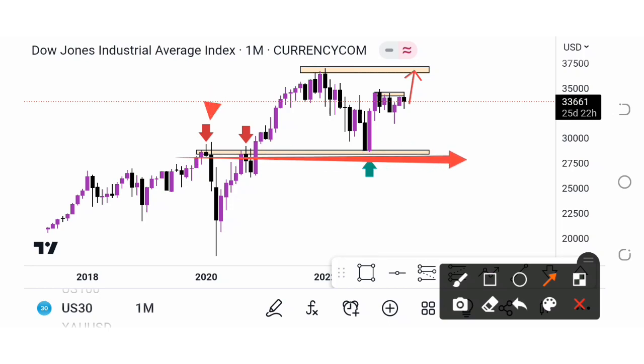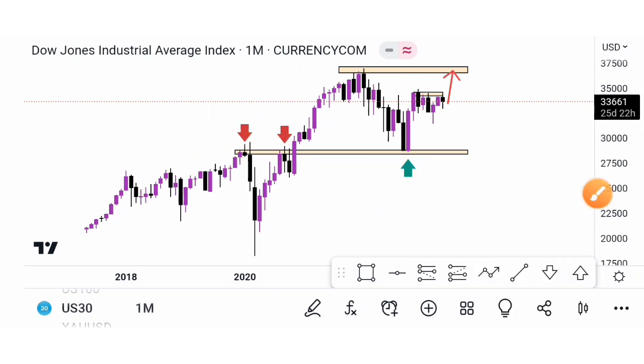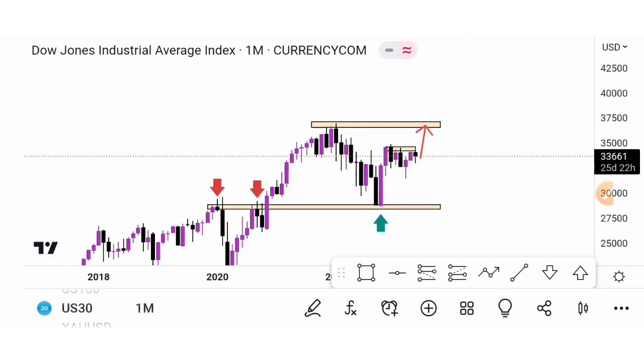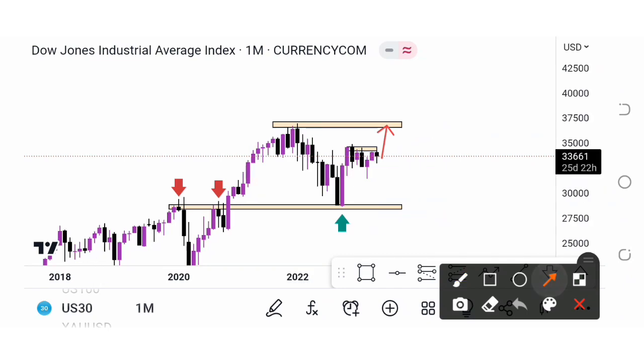And if you notice, we did resist here first time, resisted second time, and when we came there after we broke it, we came and we supported very nicely, meaning that area is valid. So since then we've been pushing up, but we haven't really reached our higher high, our previous high.